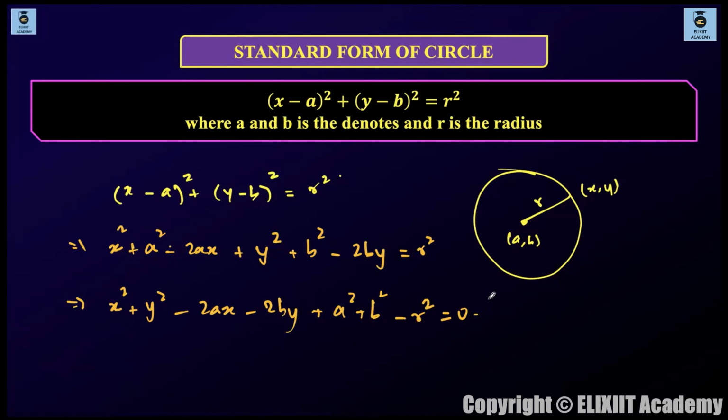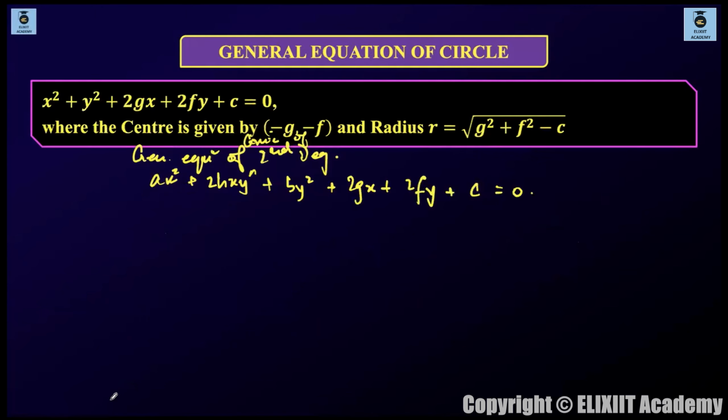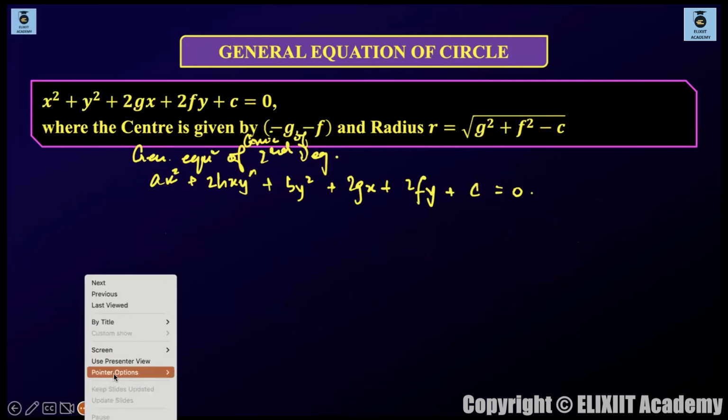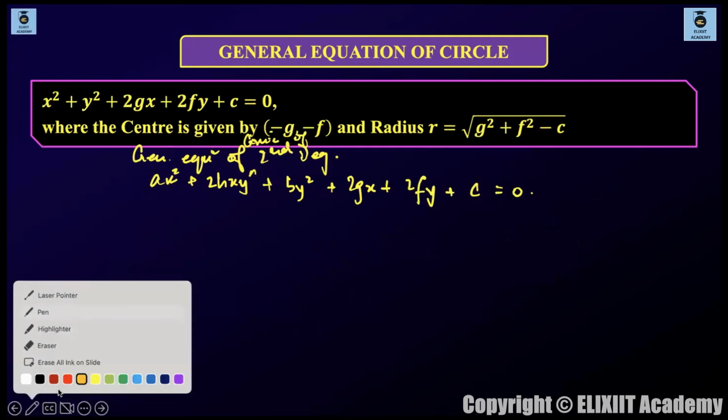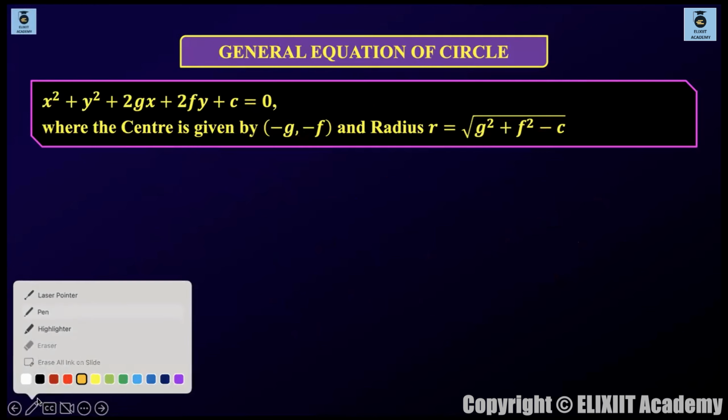What is the logic? After adjusting the constants and all, this has been given in this format: x square plus y square plus 2gx plus 2fy plus c. Now you compare from here.